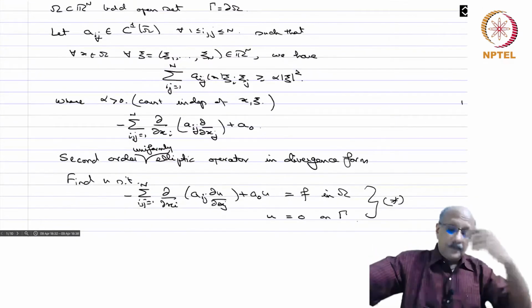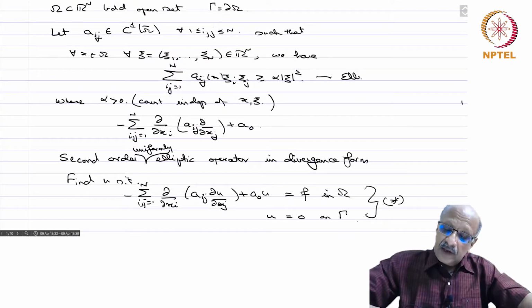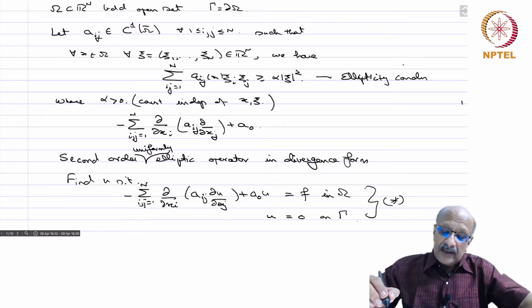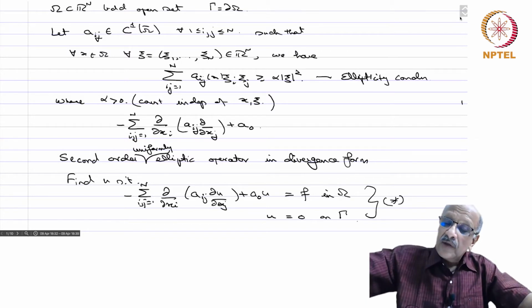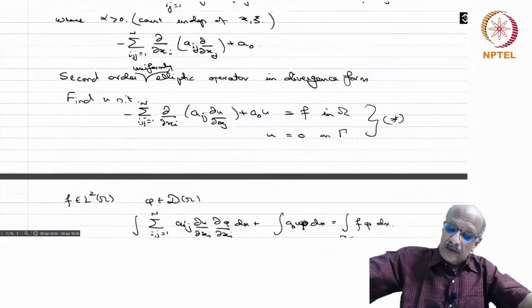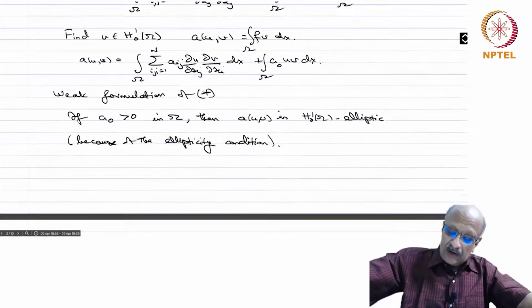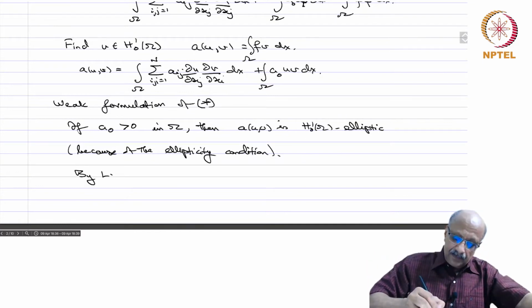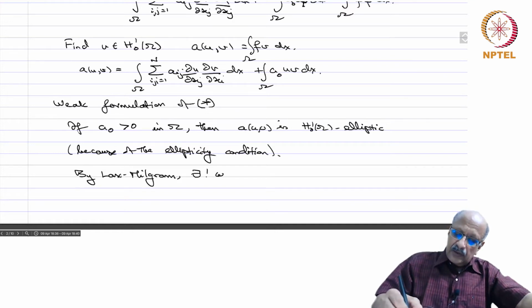Recall, this is called the ellipticity condition. So if you use this fact, and for xi_i and xi_j you substitute du by dx_i and du by dx_j, then you will get that a(u, u) is greater than or equal to alpha times integral mod grad u squared. Okay, so therefore by Lax-Milgram there exists a unique weak solution.